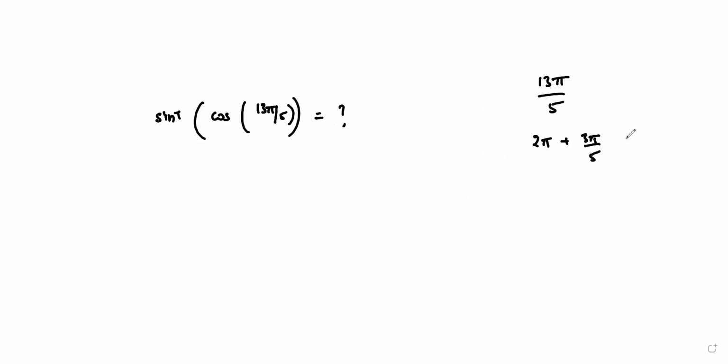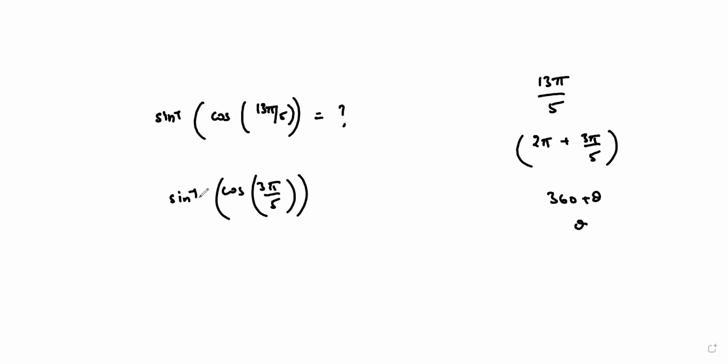Yes, 2 pi is 10 pi by 5, plus 3 pi is 13 pi by 5. So 2 pi means 360 plus theta, it will again become theta. So this I can write as cos of 3 pi by 5. So sin inverse of cos of 3 pi by 5.